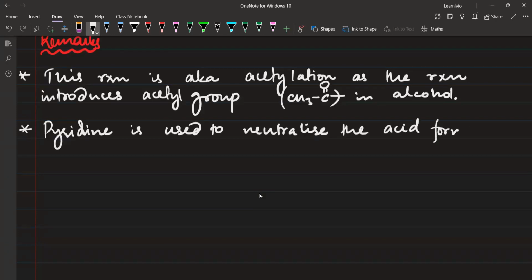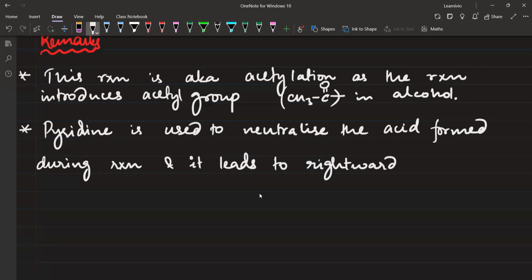And it leads to equilibrium. And you will get some carboxylic acid.